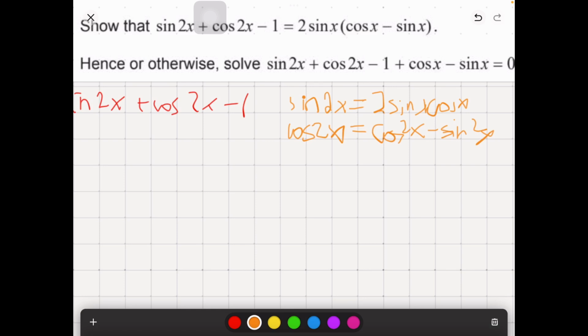So if you applied Pythagorean identity on this, you would get either this or this. So I think any one of these formulas we could technically use in order to show that the two sides are equal to each other. But I think I am going to try the top one first.